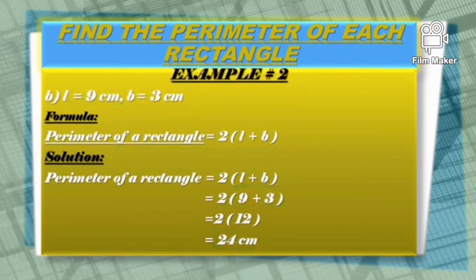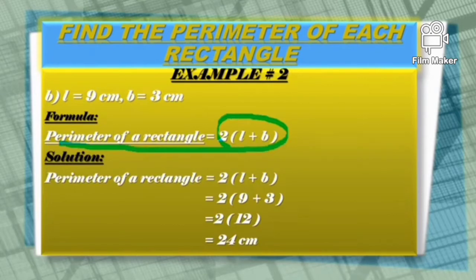In example number 2, the given length is 9 centimeter and breadth is 3 centimeter. First, write the formula: perimeter of a rectangle 2(L plus B).